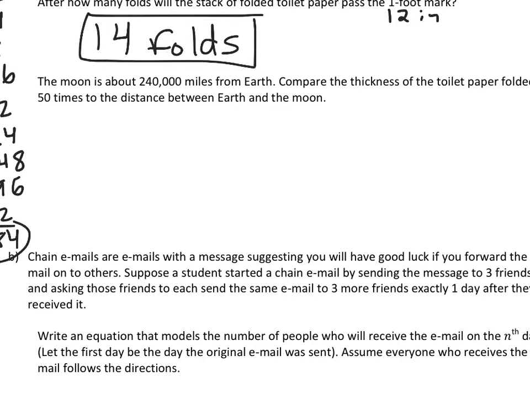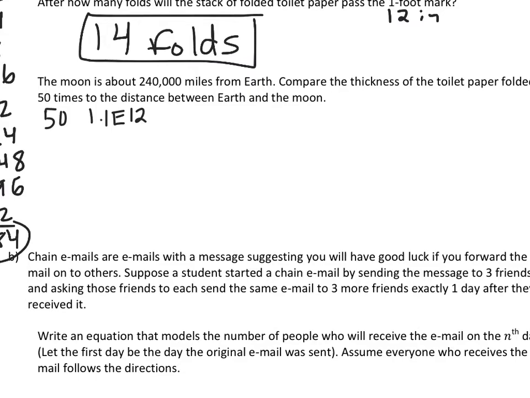So now when you go in your calculator, I want you to scroll all the way down to 50 times. You should see scientific notation. So you should see 50 and then next to it 1.1 E12.